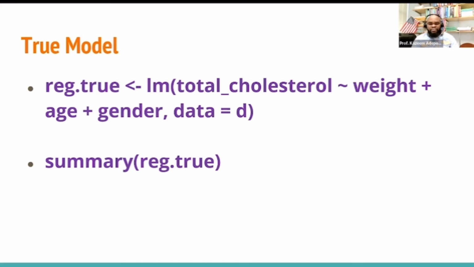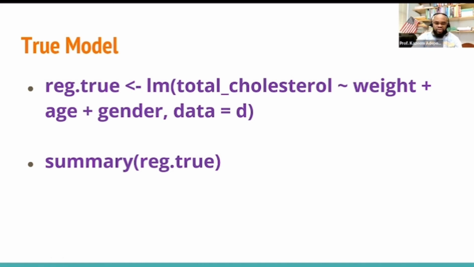Here I'm looking at the effect of weight, age, and gender on total cholesterol. And here I want to use the whole data set of the participants, which means I'm using multiple linear regression here.